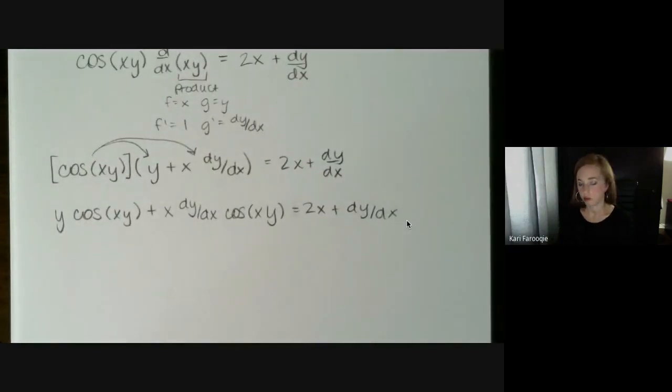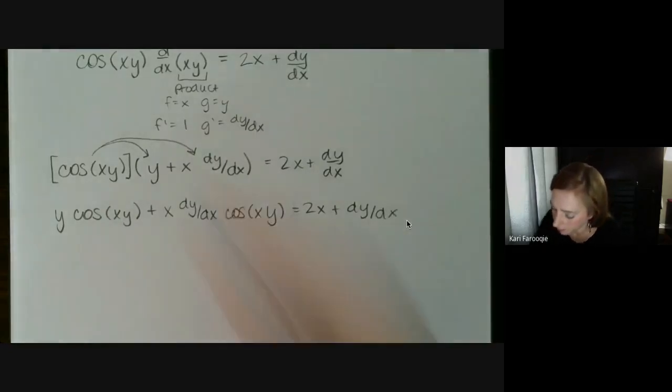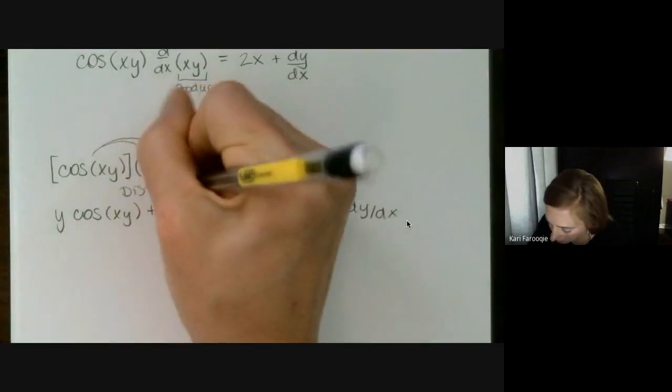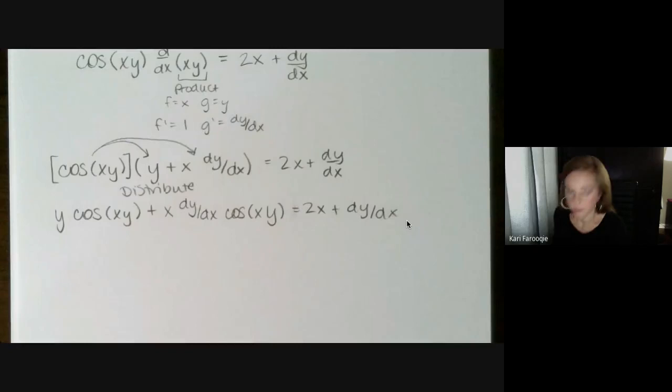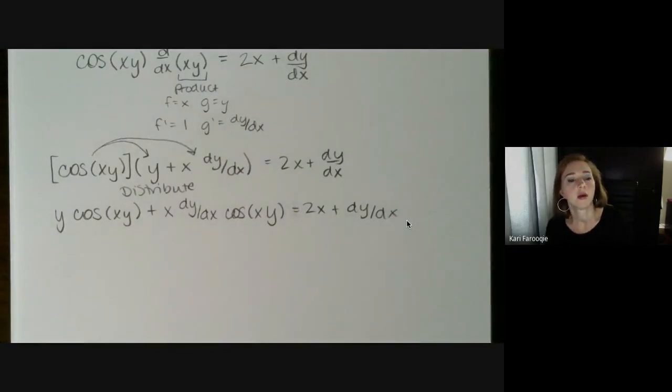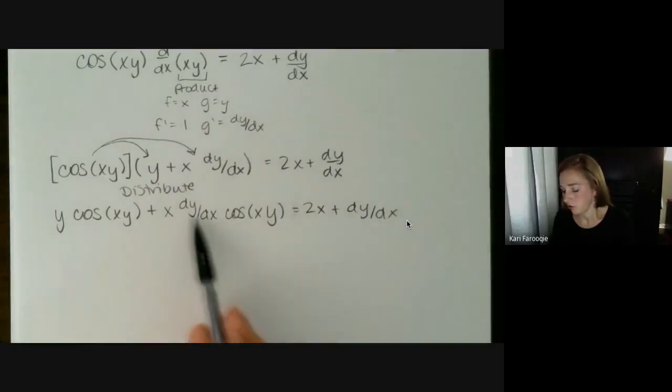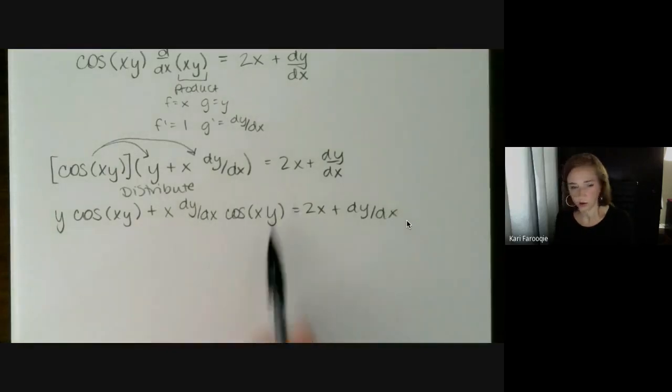Okay, so we distributed here. And it does not matter what order you multiply these in. It could be cosine xy times dy/dx times x. As long as they're all getting multiplied together, I just think they look better for me in this order. Okay, questions here?